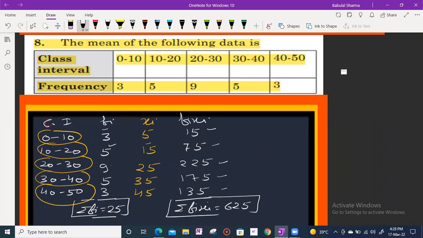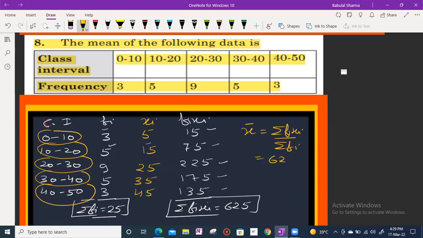Okay. Then after getting the sum of all fx and the sum of all frequencies, the mean is given by the sum of f into x divided by the sum of f.